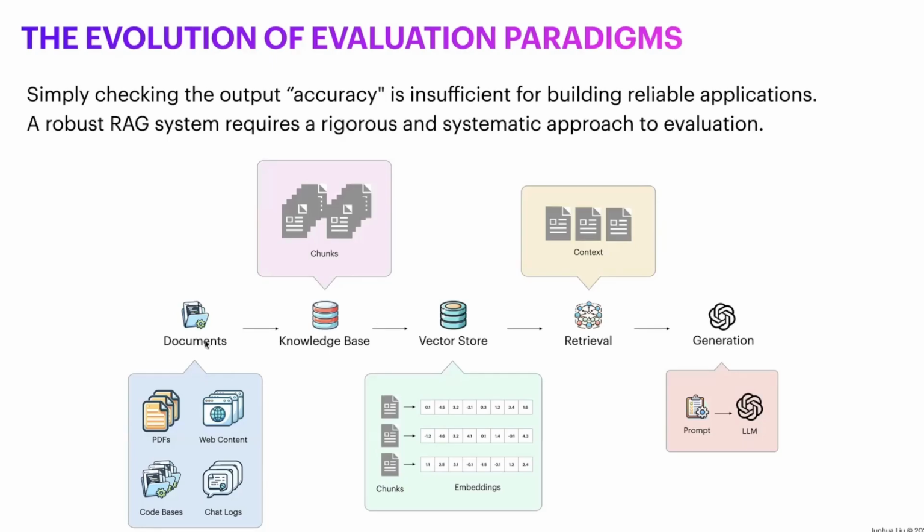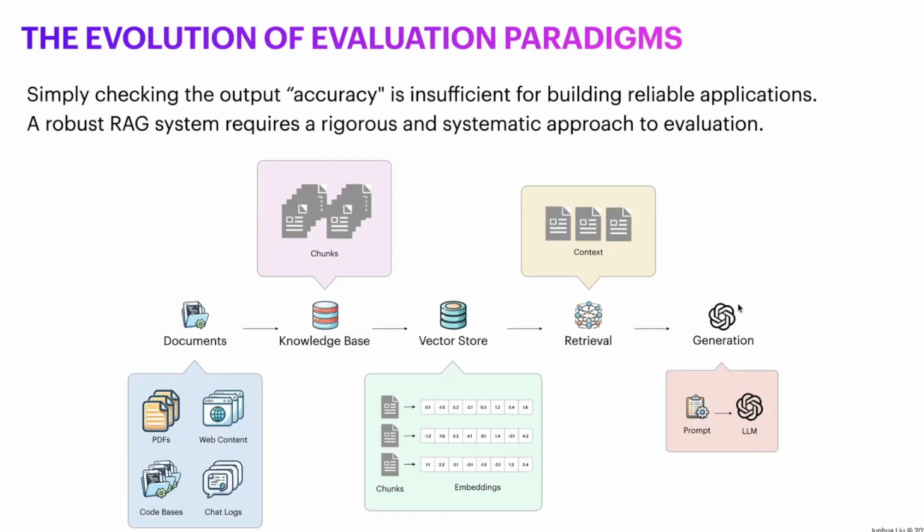It requires a robust RAG evaluation system that evaluates all these parts, from the components to the process of converting content from one component to the other, and also the end-to-end outputs of the whole system.